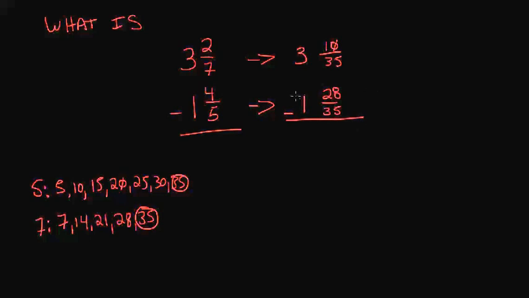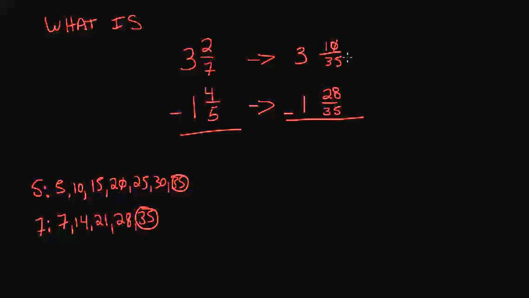We have an interesting situation here because if I try to take away 28/35 from 10/35, that's going to give me a little bit of trouble. Well, just like regular subtraction, we can do a process called grouping, or sometimes we call it regrouping, or sometimes we call it borrowing.